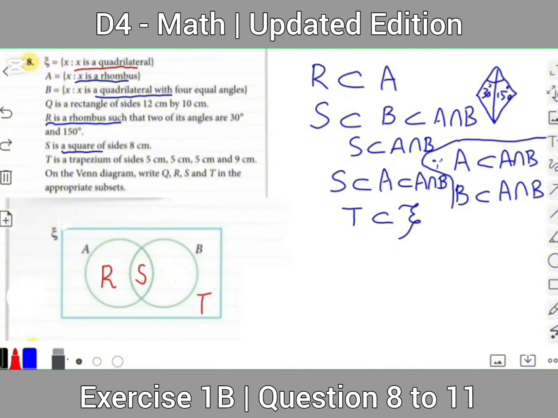What about Q? Q is a rectangle of sides 12 by 10. So Q will be written in the region R3.